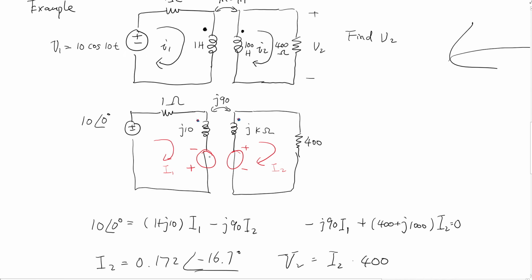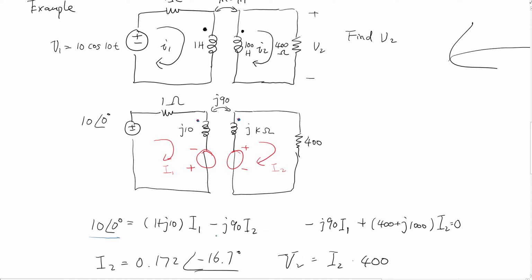Okay, and we can start to draw the equation. If you look at this current direction, this is a voltage rise. This is a voltage drop, so it's on the other side. This is a voltage drop as well, so 1 plus j10 times I1, these are voltage drops, and this is a voltage rise, negative to positive.